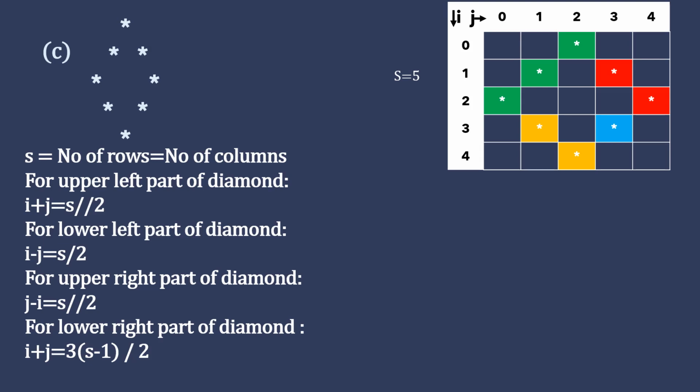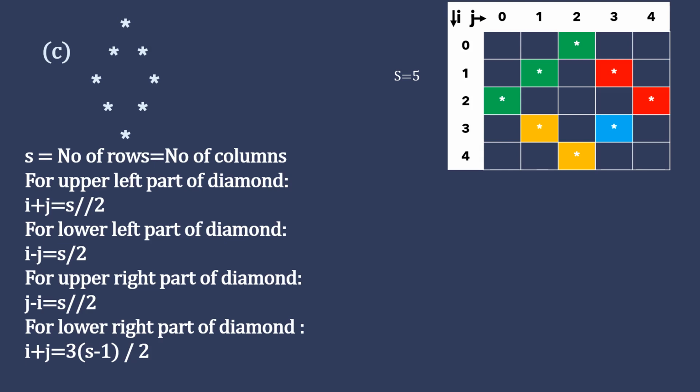The next one is row 0 and column 2. That also gives you 2. So all these three cells satisfy this condition where i plus j is S floor division 2. Whichever cells satisfy this condition, there you have to print the stars, and you will get the stars printed for the upper left part of this diamond.